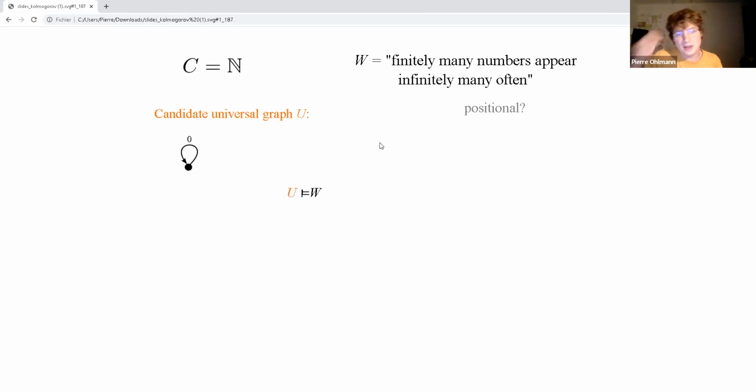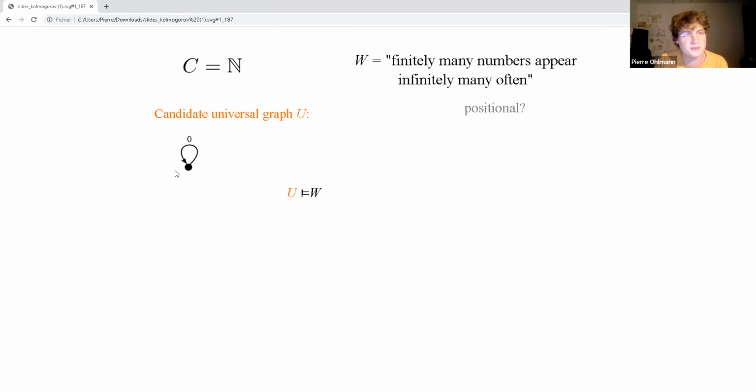So let's see how you look for a universal graph. My universal graph definitely, this graph here, just the loop, satisfies the objective. On each path on this graph, there are only finitely many numbers that appear infinitely often, because there's only one path and it has 0, and 0 is the only number that appears infinitely often.